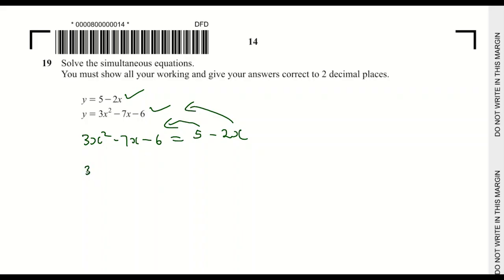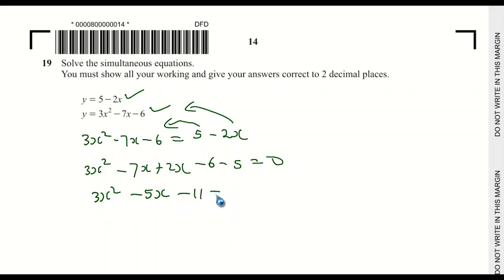So we have 3x squared minus 7x plus 2x, then minus 6 minus 5 equals 0. So from here, you have 3x squared minus 5x minus 11 equals 0.